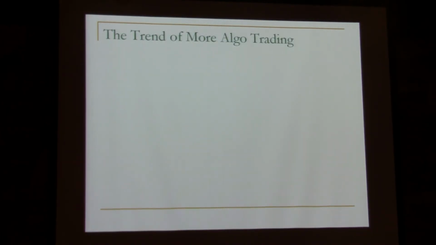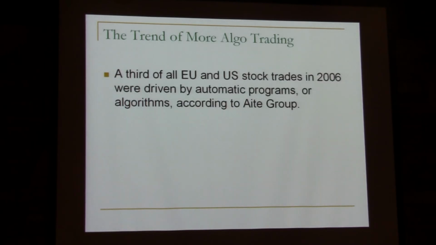So the trend is that electronic trading started in the 90s, and in the last decade, in terms of algo trading, we have seen more and more. Just like in 2006, in Europe and US, one third of all the stock trades were driven by automatic programs.